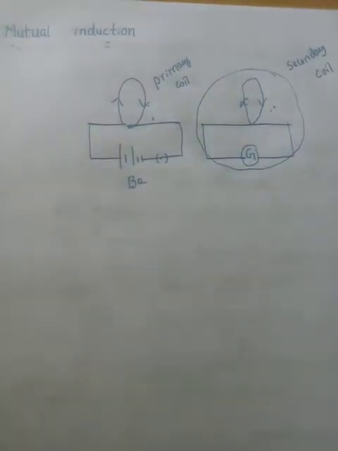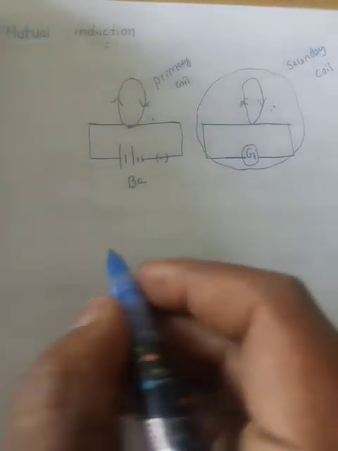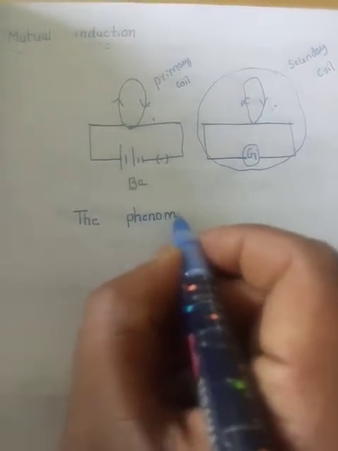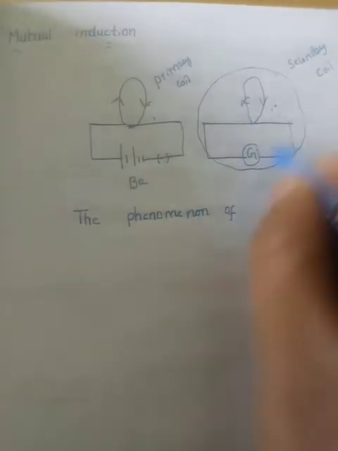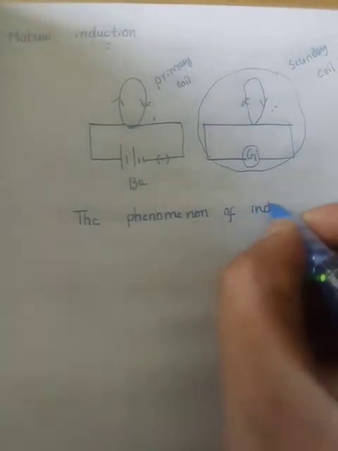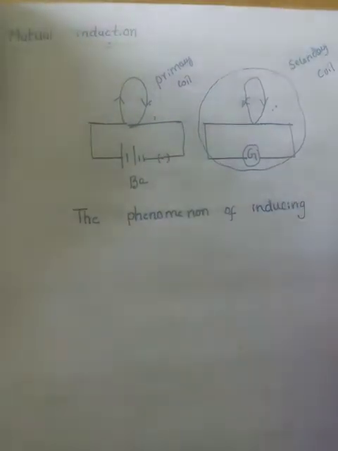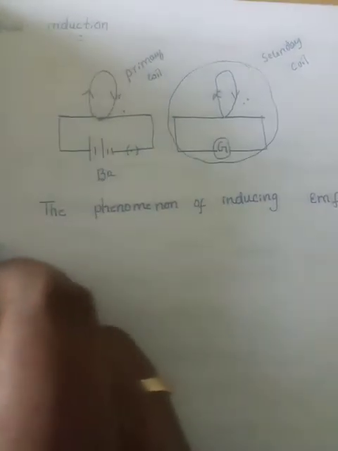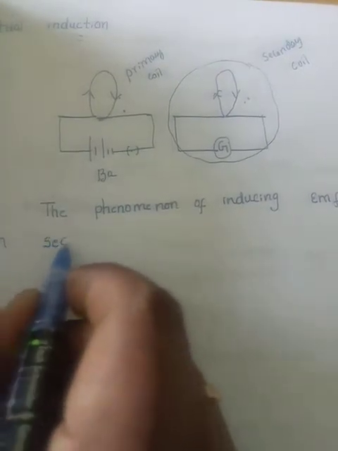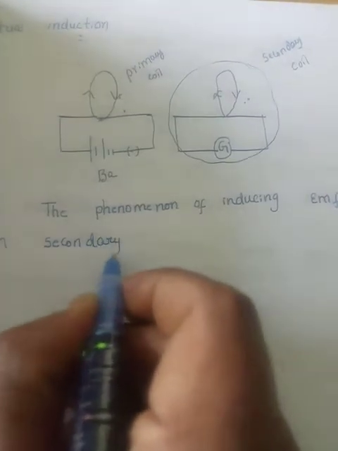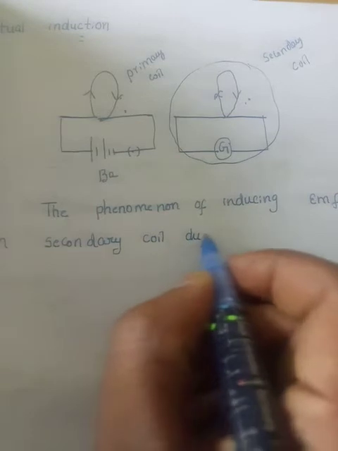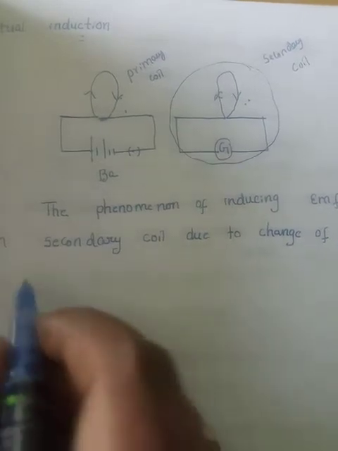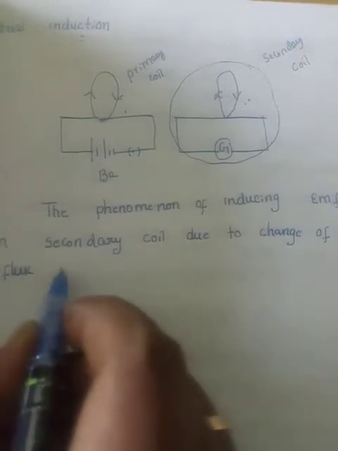So we can define the statement of mutual induction very simply as the phenomenon of inducing EMF in the secondary coil due to change of flux in the primary coil.